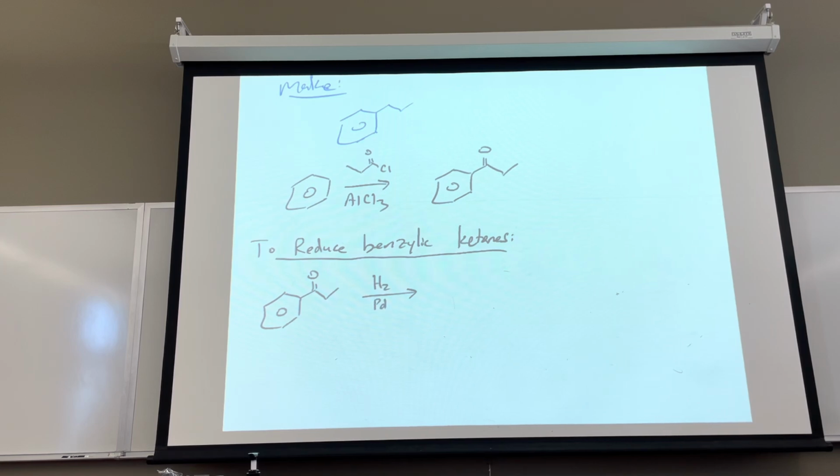So you can do catalytic hydrogenation on these benzylic ketones, and it will reduce to the methylene. So this kind of combination of Friedel-Crafts acylation plus reduction does give you a direct substitution of the Friedel-Crafts alkylation.